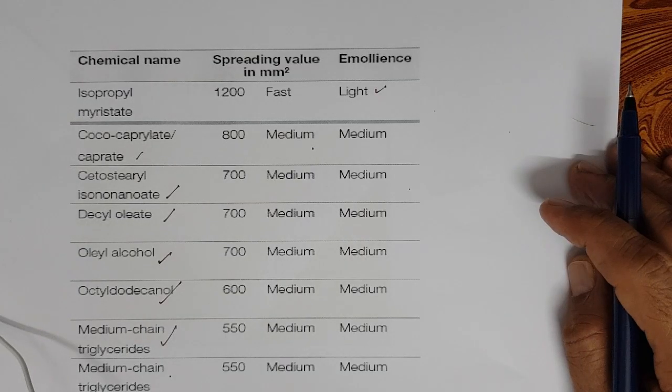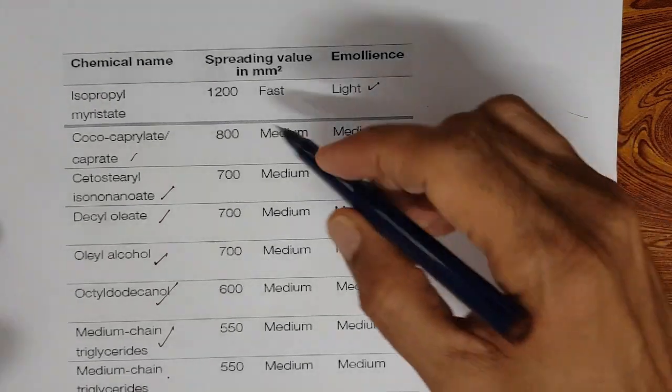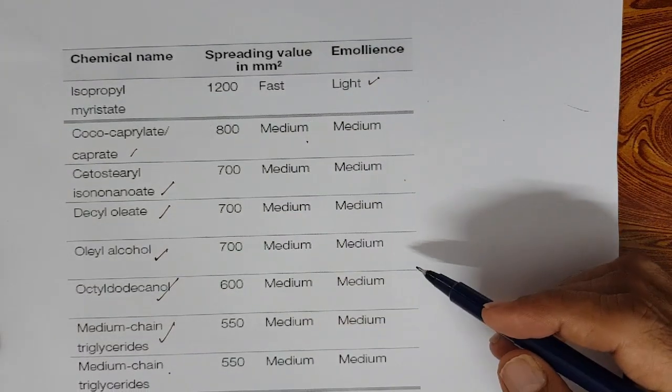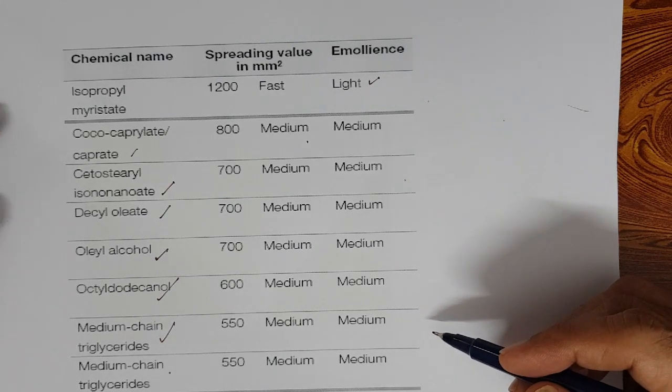Some of the synthetic esters. These are some of the synthetic esters. There are plenty of synthetic esters. The innovation in this area of synthetic esters in terms of emollients is huge. This is some example. This is their spreading value and the level of emollients.